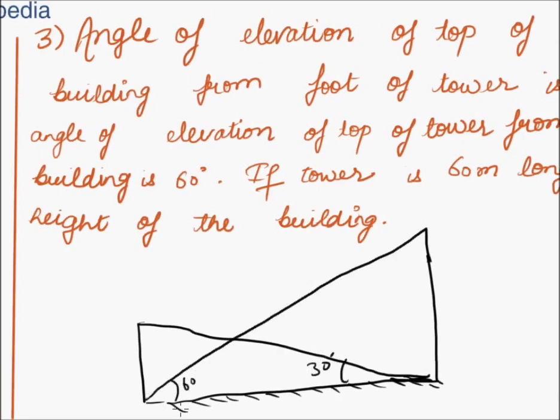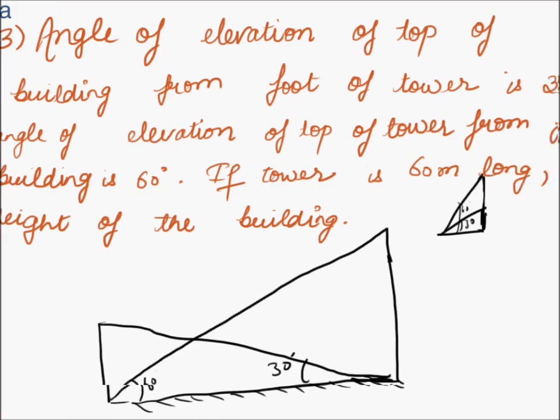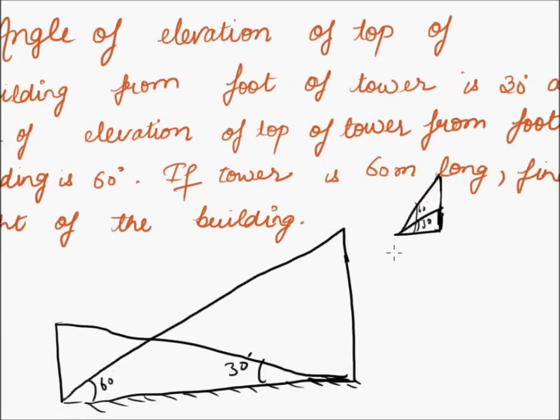Moreover, these angles also convey that tower is taller than building because this angle is more. See, this is 30 degree and this is 60 degree. 60 degree will be covering more height for the same vertical plane. Now the question says if tower is 60 meter long, find the height of the building.